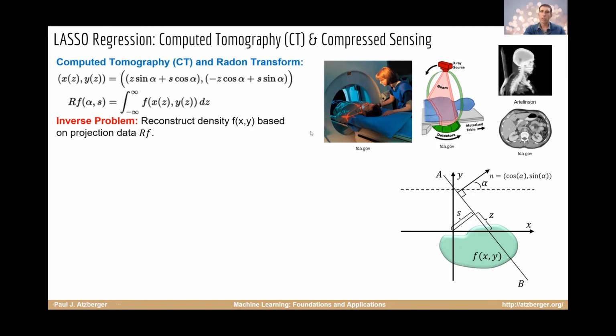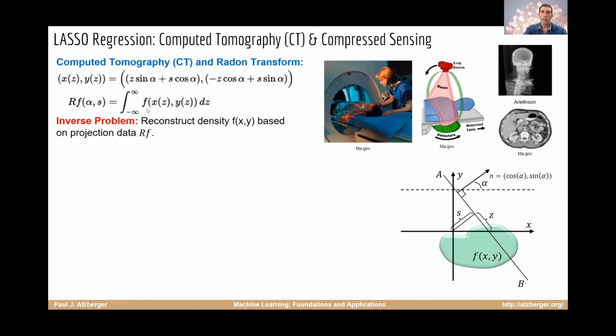Then we integrate along this variable z, along the line from what I'm illustrating as a to b. So the information you have in hand at the detector is this integral from a to b, and for mathematical simplicity we'll just make the integral go from negative infinity to infinity.